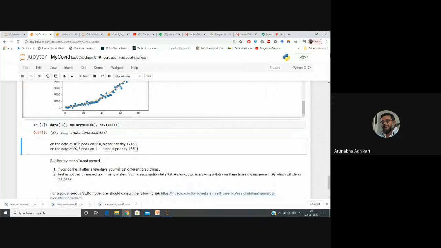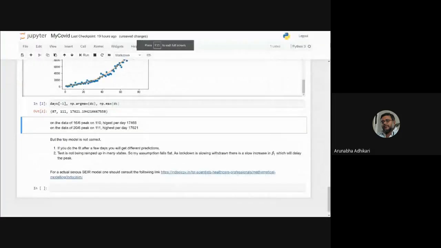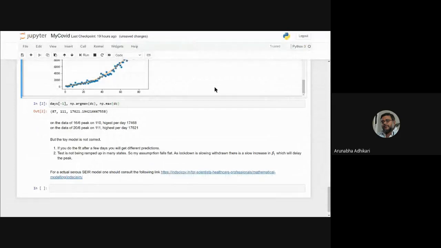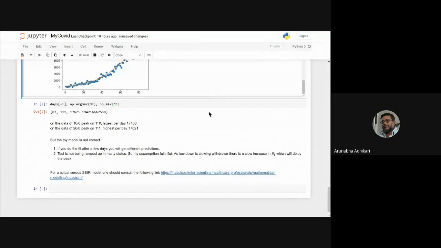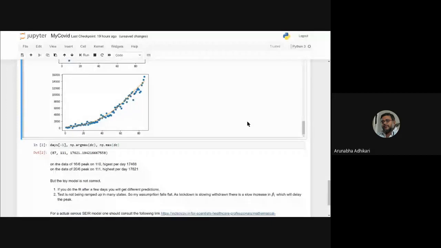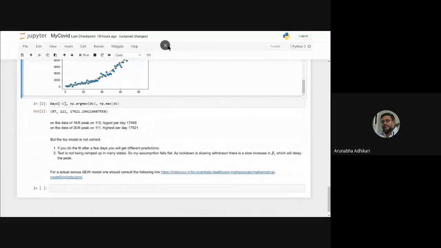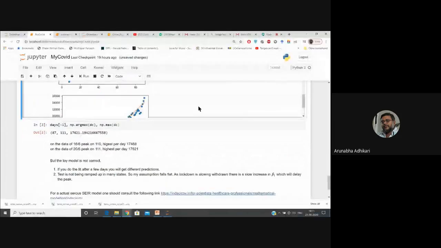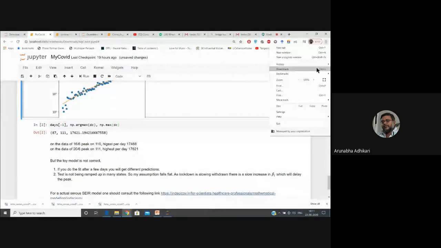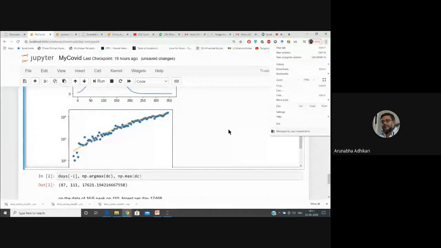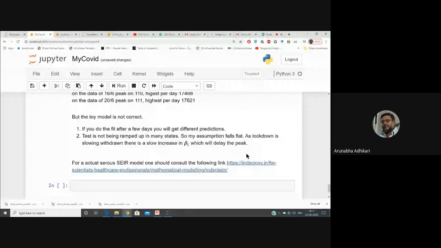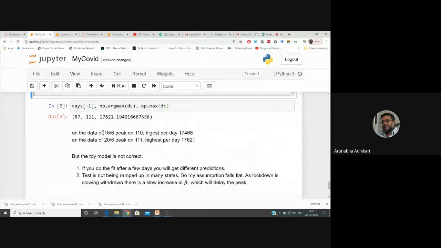Today we are on the 87th day, and according to this prediction, there will be a peak around 111.